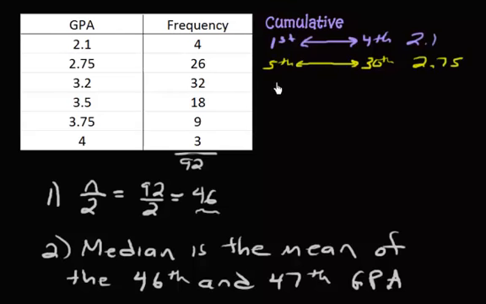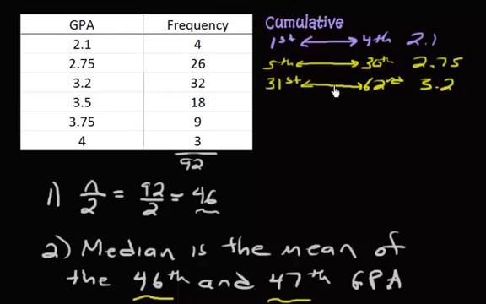That means then the 31st through to the 62nd has a GPA of 3.2. Now we can keep going, but remember, we were looking for the 46th and 47th person.